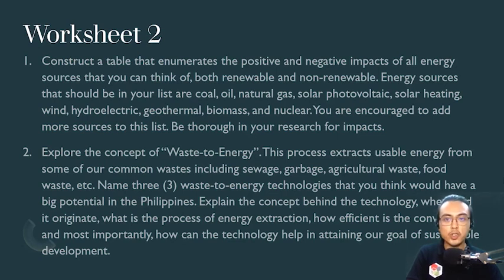Energy sources that should be in your list are coal, oil, natural gas, solar photovoltaic, solar heating, wind, hydroelectric, geothermal, biomass, and nuclear. You are encouraged to add more sources to this list and be thorough in your research for impacts. I do not want to see generalizations of impacts such as harmful to human health, etc. They have to be specific.